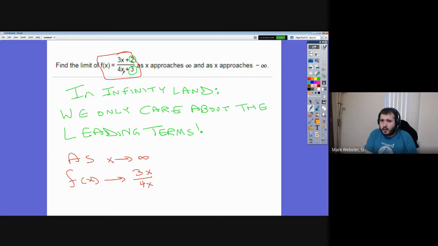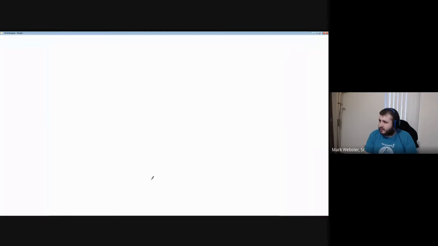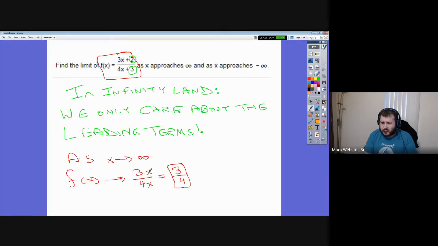They don't grow anywhere near as quick. And by the time x gets to be super big, they're negligible. They don't matter anymore. So really, we're looking at that as our final answer because the x's cancel out from each other, right? That common factor of x.